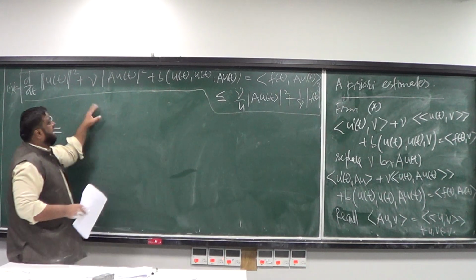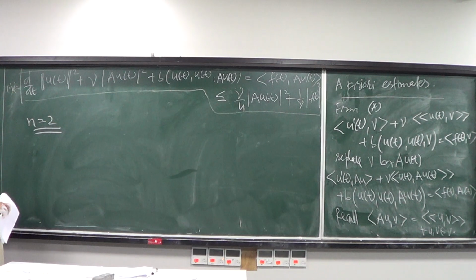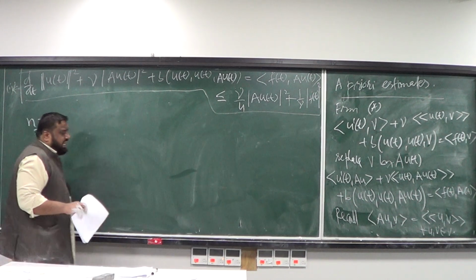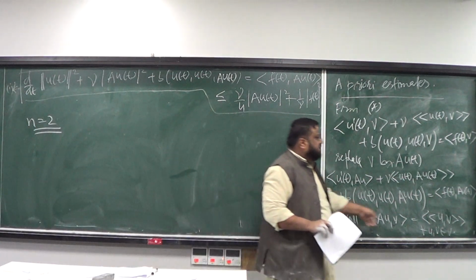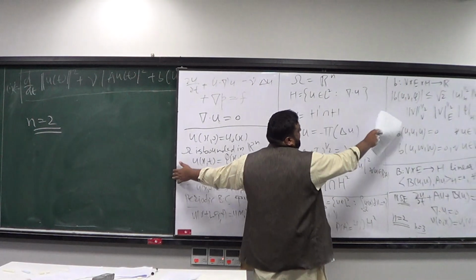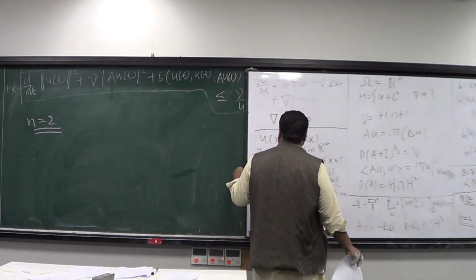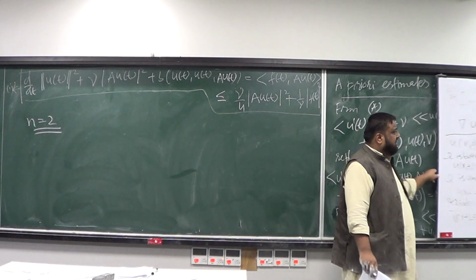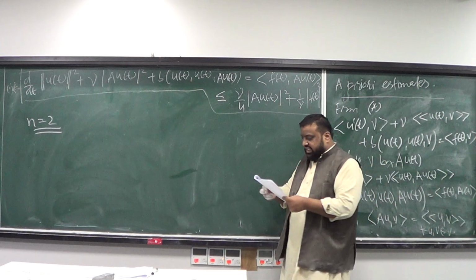All right. So where were we? We were here. We derived this inequality, and now I'm going to use my estimate from here, the inequality which is valid in 2 dimensions. If I apply this inequality here, I'm going to get something like this.